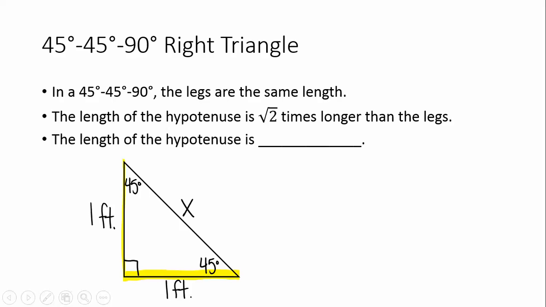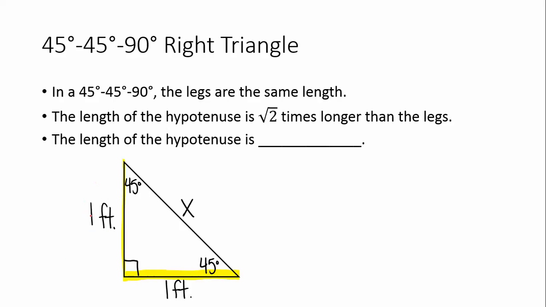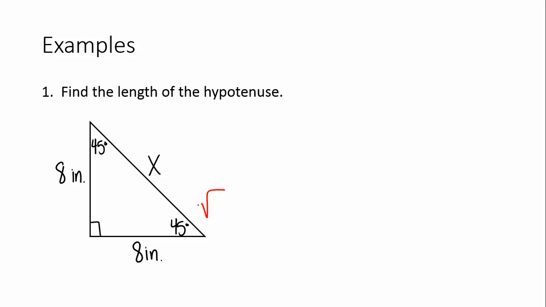So in this case, the hypotenuse is unknown, and the leg is 1 foot. So the length of the hypotenuse would be 1 times the square root of 2. Well, that's the same thing as just saying the square root of 2. And we're not going to worry yet about what that is in a decimal. So the length of the hypotenuse here is the square root of 2.